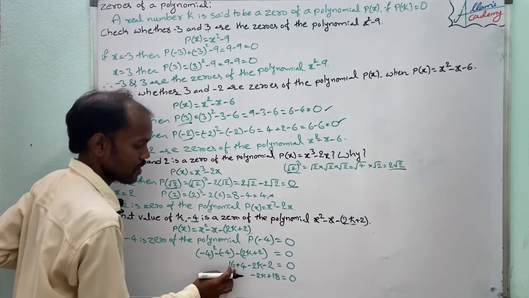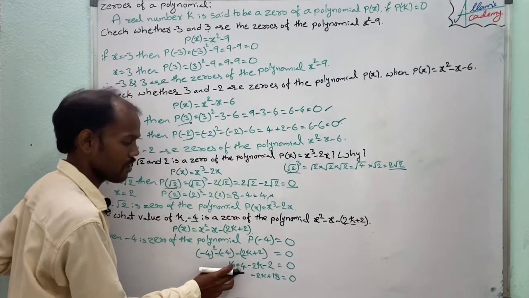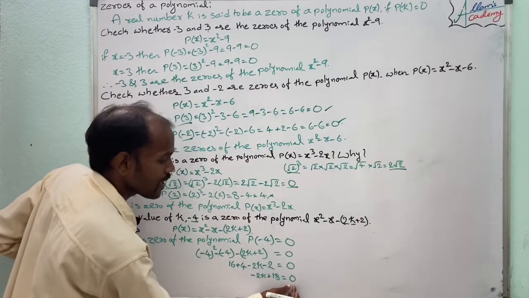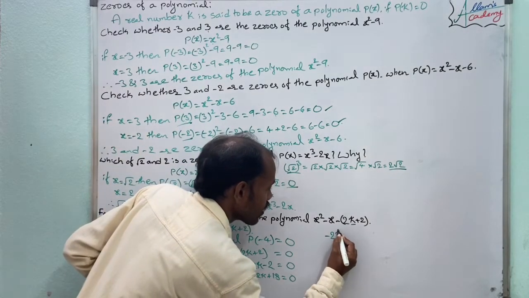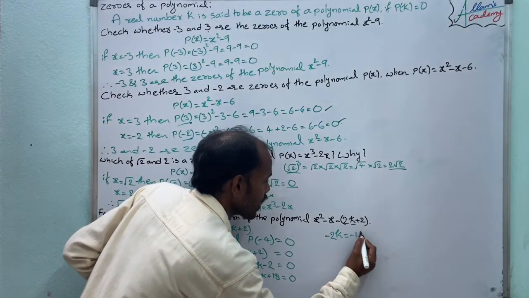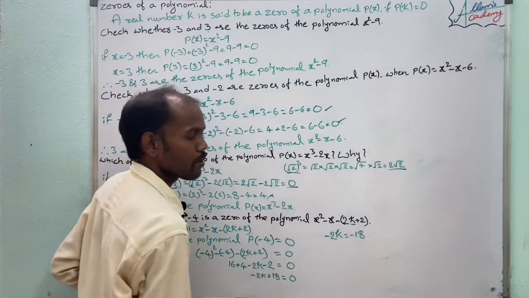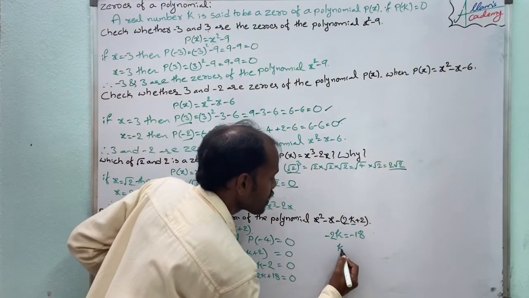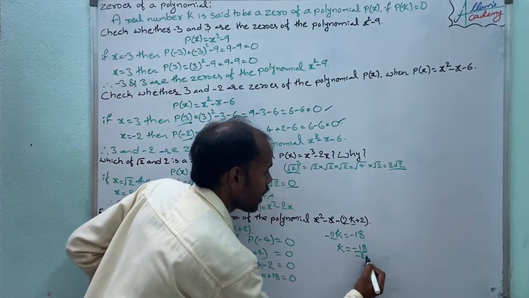Why? Because 16 plus 4 is 20, 20 is the greater number, that is positive. 20 subtracting 2 means 18. Now plus 18 is transferred to that side, that is minus 18, so 2k equal to 18. Now 2k is multiplication, transferred means division, so k equal to minus 18 by minus 2.